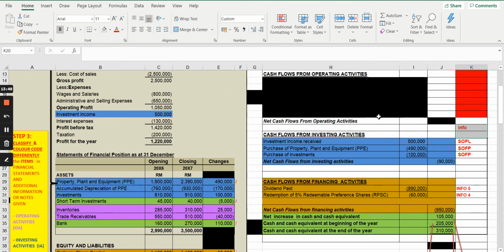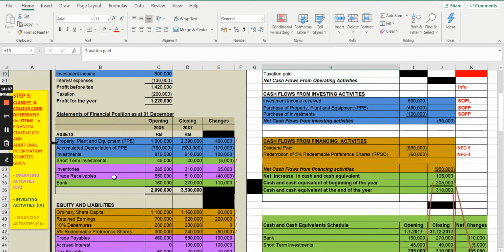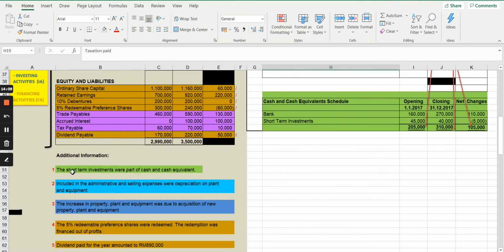Now we go to the part that is related to cash generated from operations. So let's see what you have here. The thing that you need to find out is if there is any interest paid and tax paid. To work that out, you need to check the information given. If you see here, there is no information regarding tax, nothing.